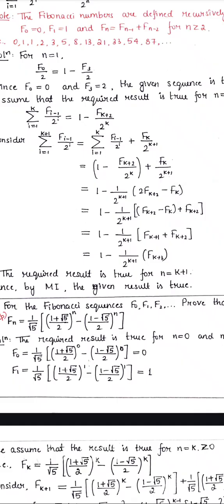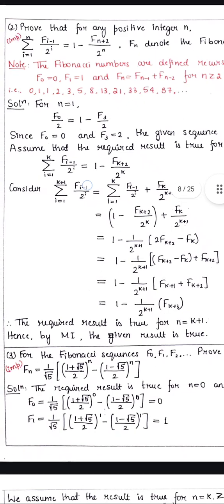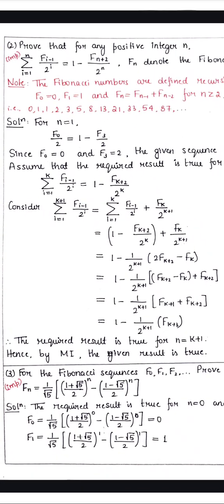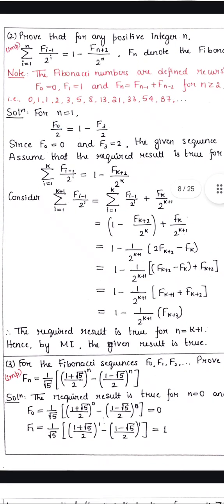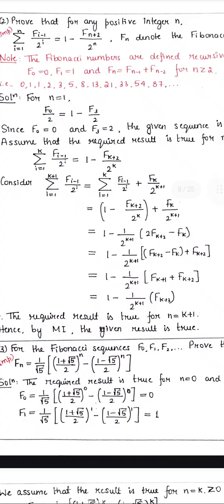For k, sigma i equals 1 to k of f(i minus 1) by 2 power i, plus f k by 2 power k plus 1, that is given in this. K plus 2 is there, so that can be resolved in this way: f k by 2 power k plus 1.